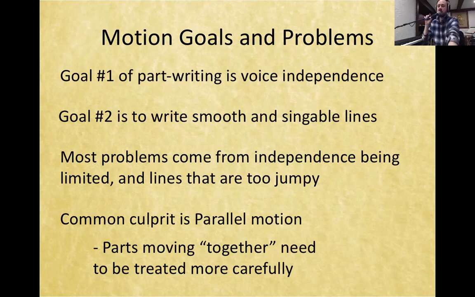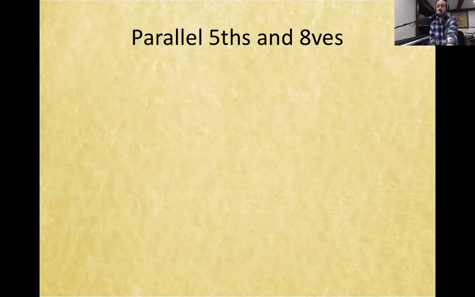We have names for the different ways that those happen, but those are the real serious things that we're trying to keep track of, right? Independence of a line and music that is smooth and singable. So let's look at our first example here. These are the poster child for part writing errors, parallel fifths and octaves.